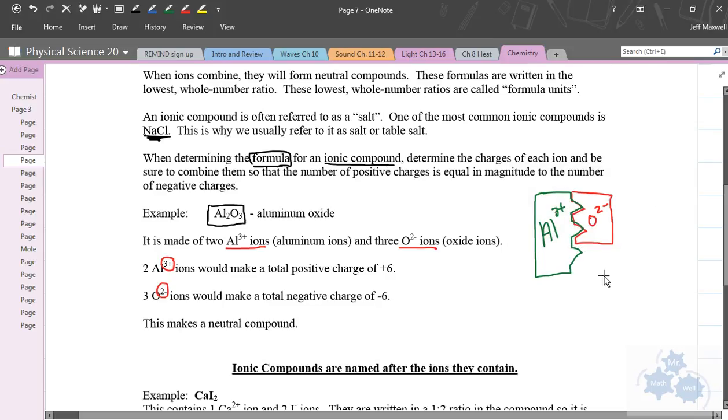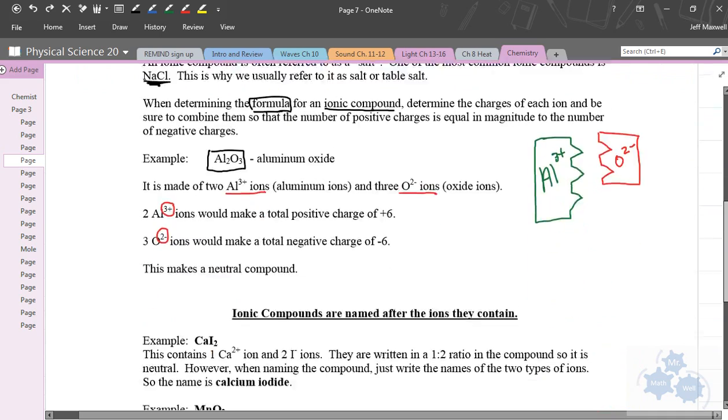Now look, this does not look right, and that's why AlO is not the proper formula, because this little positive charge has nothing to bond with. So this is not quite right. Now, if I made some copies of this, let's say I have several of these, and where did that go?